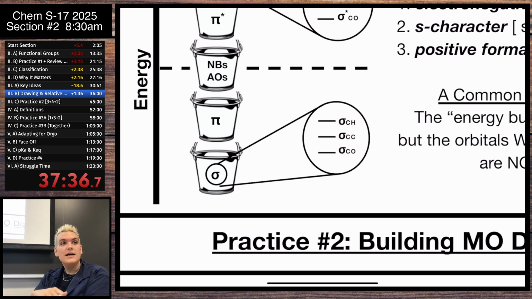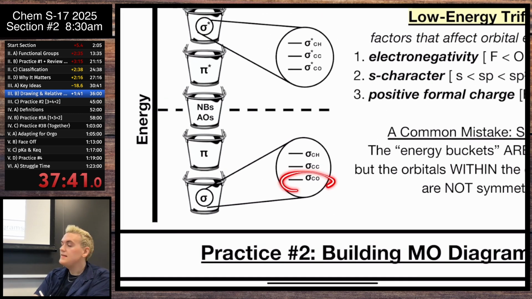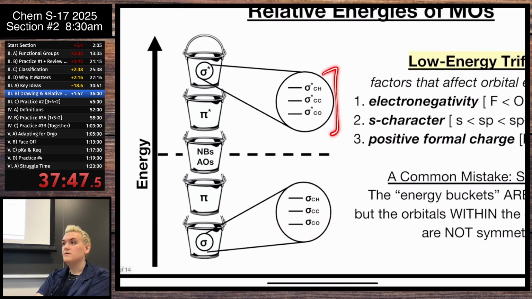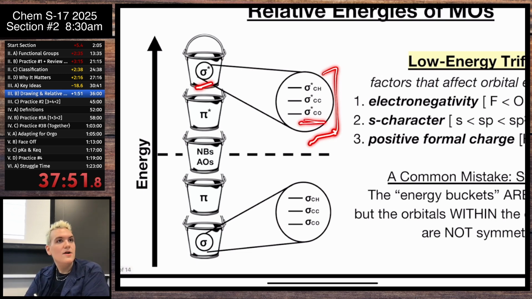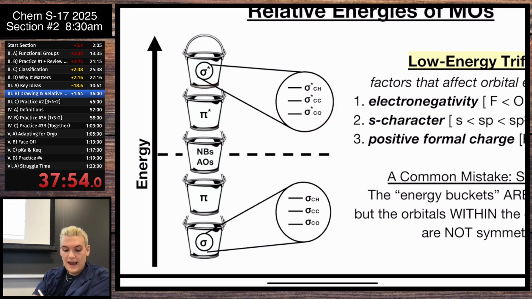Now, if the MO diagram is 100% symmetric, if our sigma CO was our lowest one, we would expect sigma star CO to be the highest one. But what do we see up here? It's the lowest of this top bucket. So within the energy bucket levels, you are using the low energy trifecta.